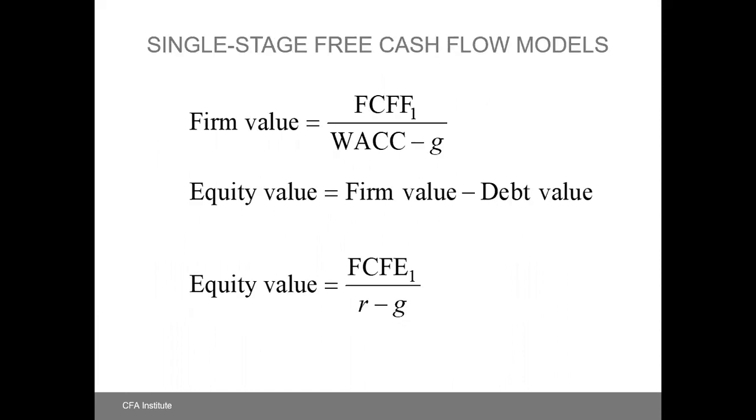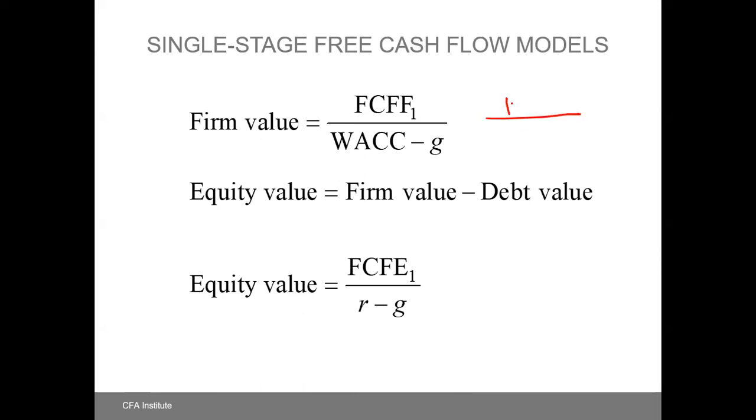Okay. So if we think of that, the free cash flow to the firm is expected to grow at a constant rate. We mentioned it in the Gordon growth model, the constant growth model. If we expect the free cash flow to the firm will grow at a constant rate, we can get the value of the firm using the same approach we learned in the Gordon growth dividend discount model.